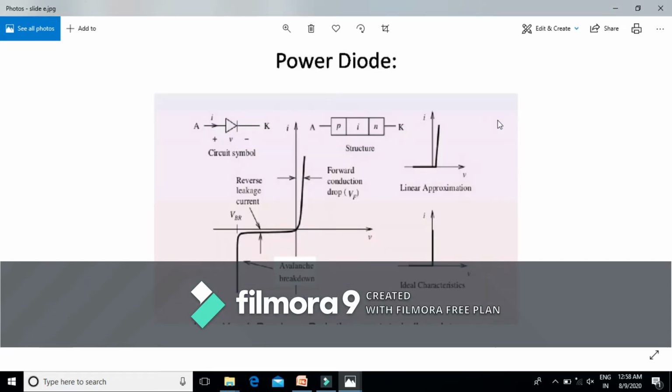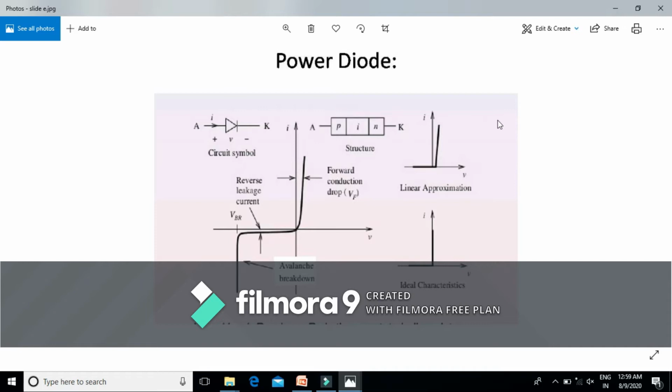Now we are discussing the first power semiconductor device, that is the power diode. As you have already studied in analog electronics, the voltage withstanding capability of a signal diode is plus minus 15 volt, while the voltage withstanding capability of the power diode is in kilovolts.